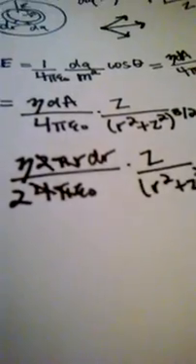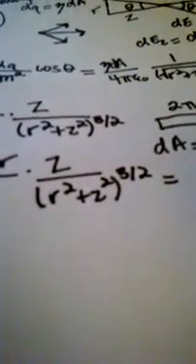So our pi's cancel out. Goodbye, fam. And then the 2 and the 4 becomes a 1/2, so that's just a 2 in the denominator. I'm going to keep everything else, so I'm going to move some things around. I'm going to put it this way.